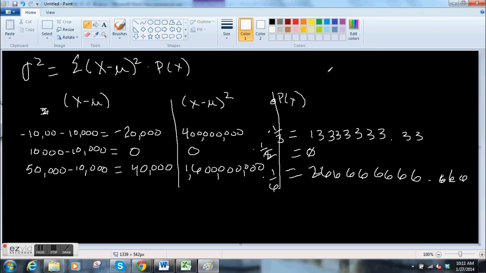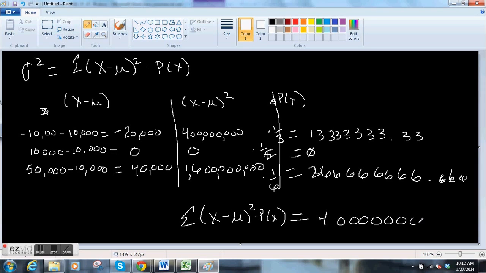So, to get the sum of every x minus the mean squared times the probability of x, I add this column. So when you add these together, it looks like 400 million, which is what your book gives you, which is the variance.